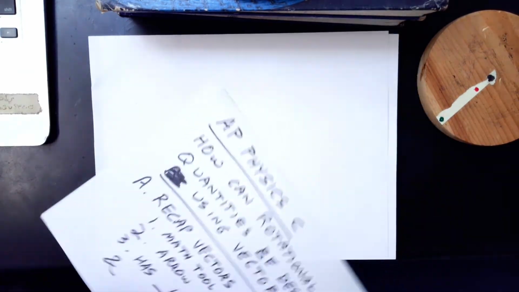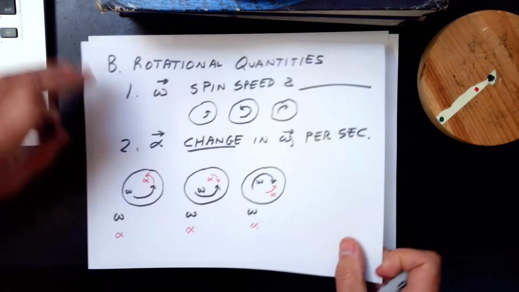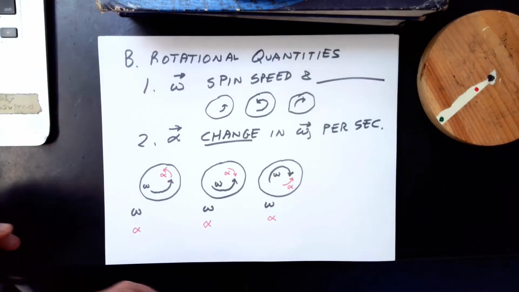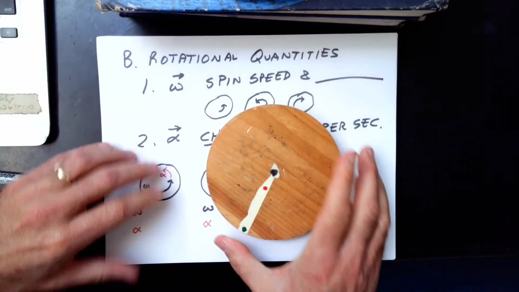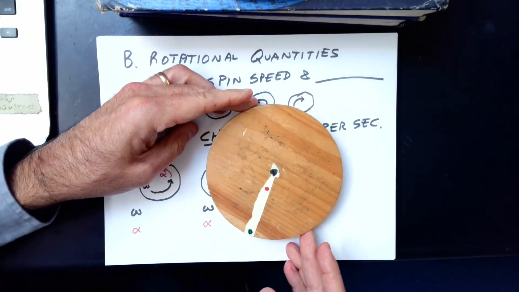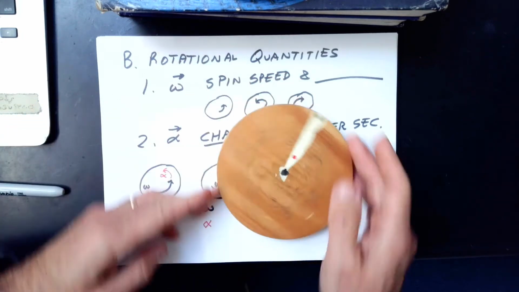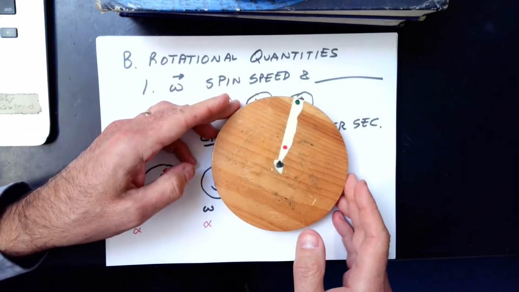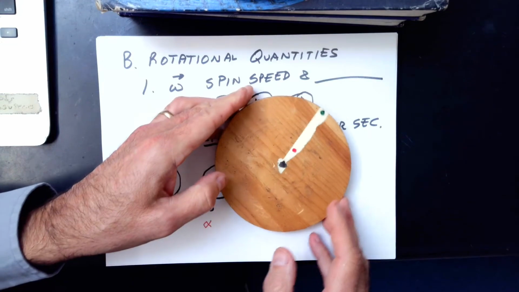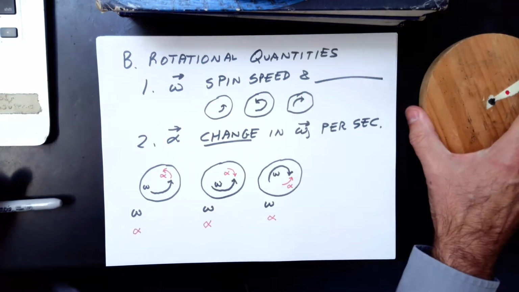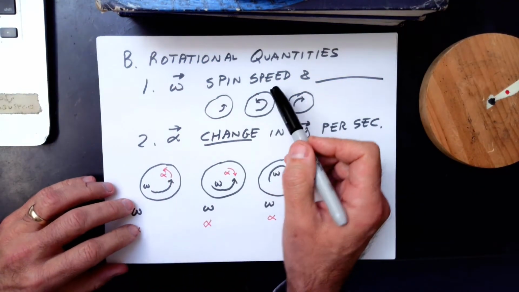All right, so now let's look at rotational quantities and watch what comes out of this. Here's a disk, and of course it can spin with a small speed or a higher speed, and it can spin counterclockwise or clockwise. So those are the possibilities of the concept of spin.